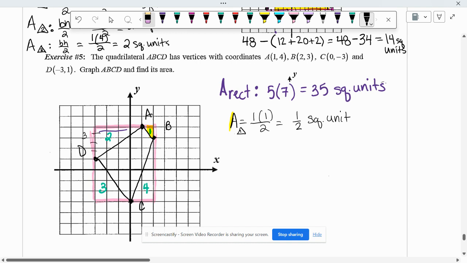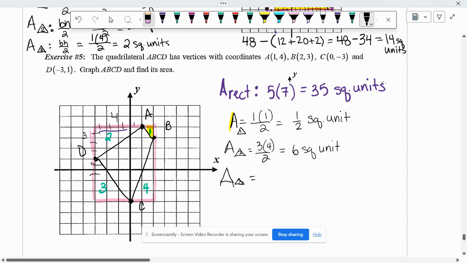What about triangle 2? It has a base of 3, height of 4. So area of triangle 2, 3 times 4 divided by 2 equals 6 square units. Area of triangle 3.